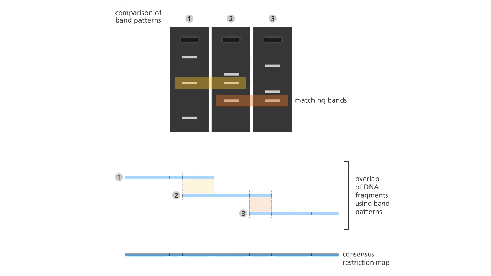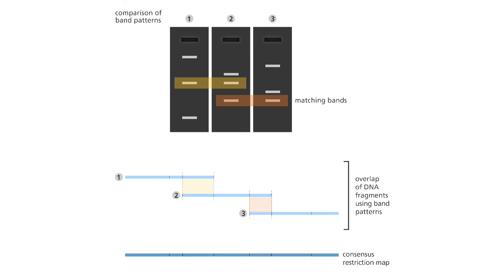Similarly, because insert 2 and insert 3 have overlapping sequence, after restriction enzyme cutting, they're going to share at least one band, because they have the same sequence in that overlapping region.